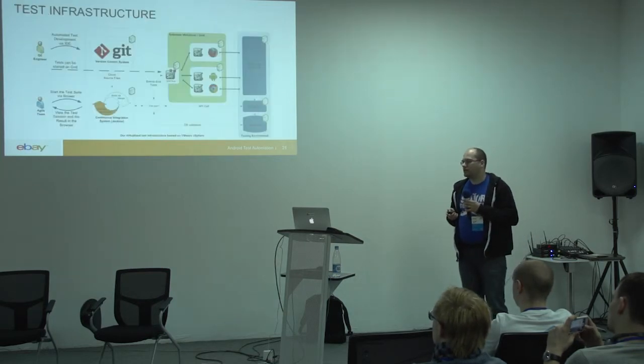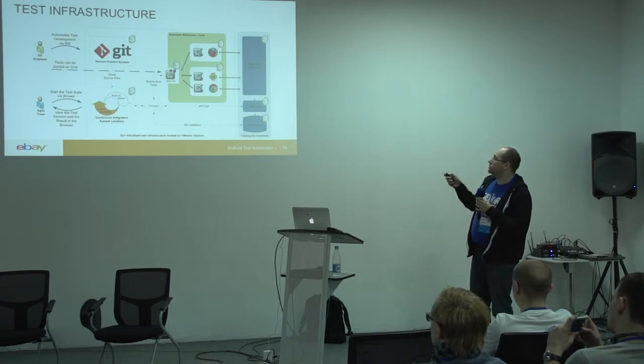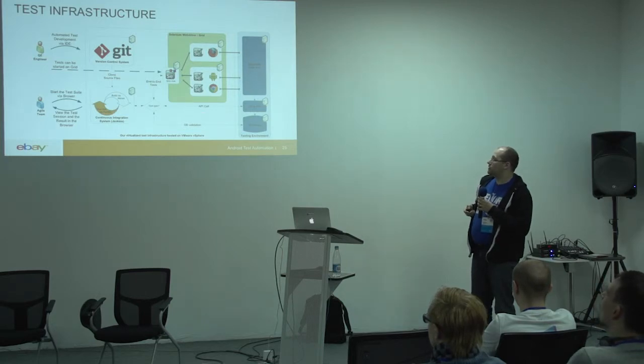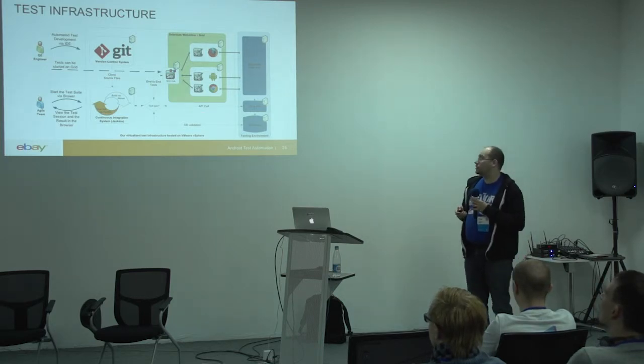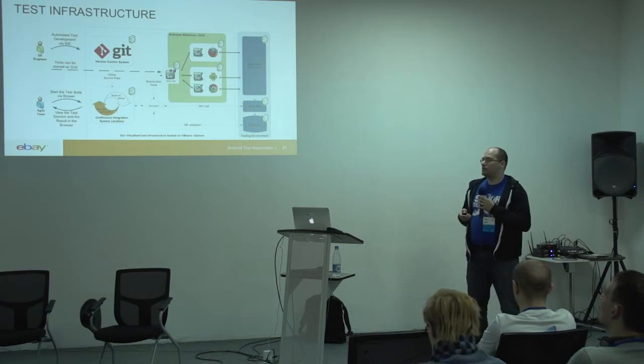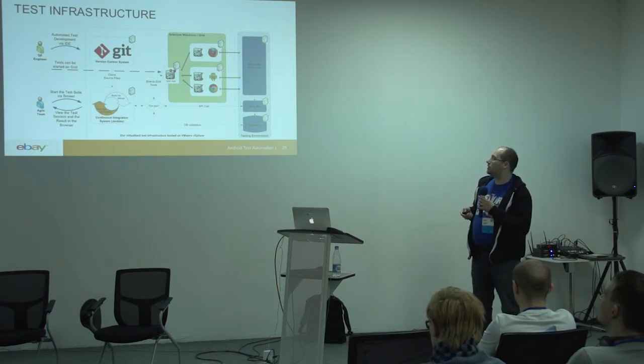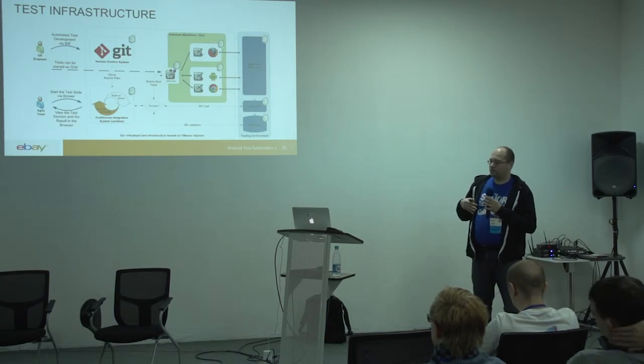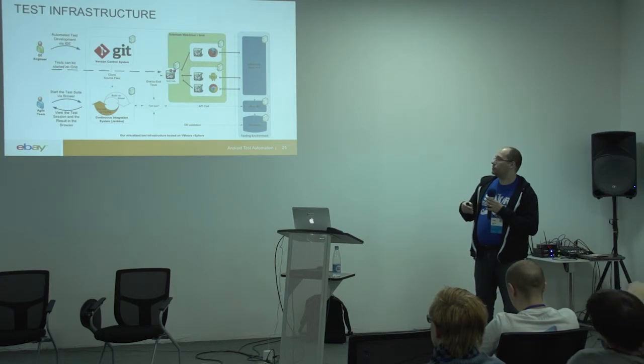And at eBay it looks like this. Here we have our current test execution environment. It's currently virtualized using VMware and ESXi, and there we have virtual machines for the grid hub and the different nodes. We're able to provide new virtual machines and add them dynamically into the grid.